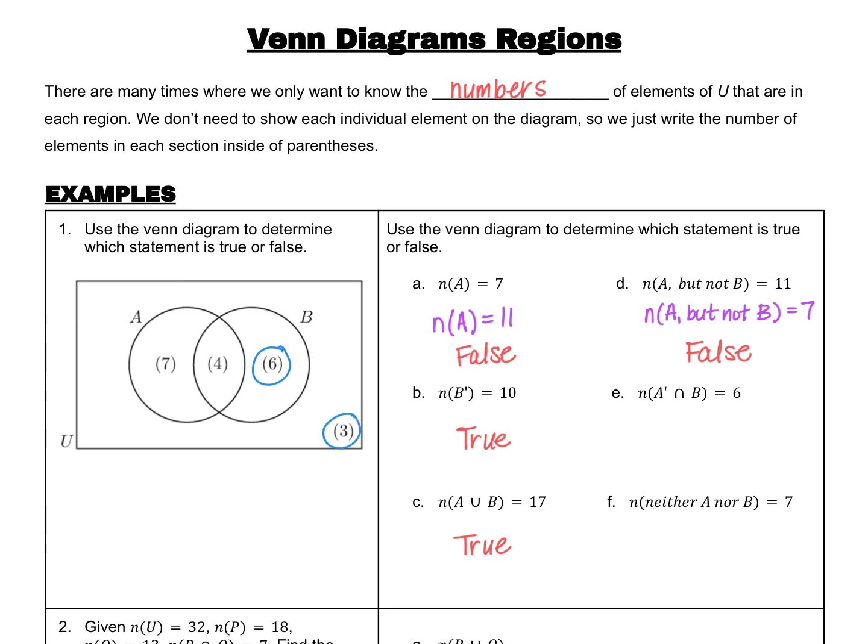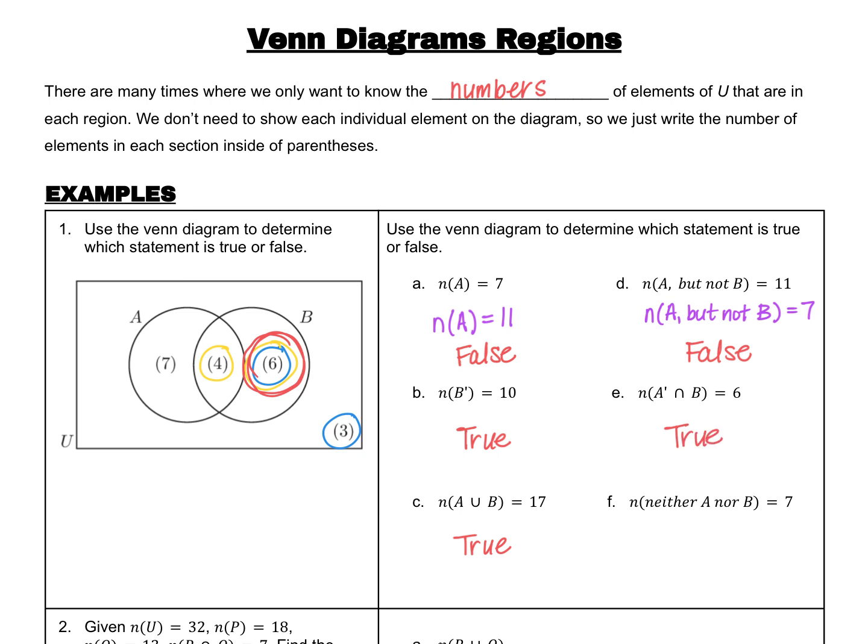And the number of elements that are in B are going to be 4 and 6. So when I want to find the number of elements in the intersection, where they cross, I get 6, and that is true because 6 is the only one that has both of them around it. So that is a true statement.